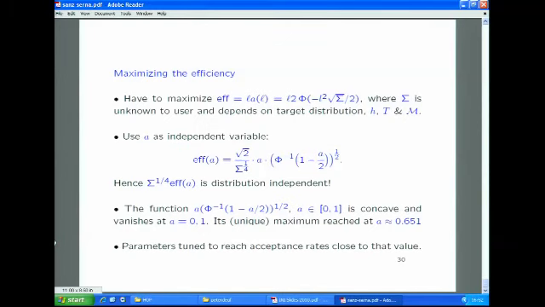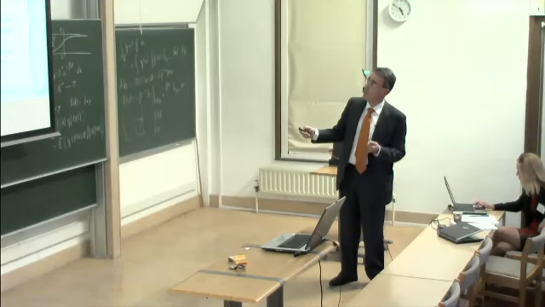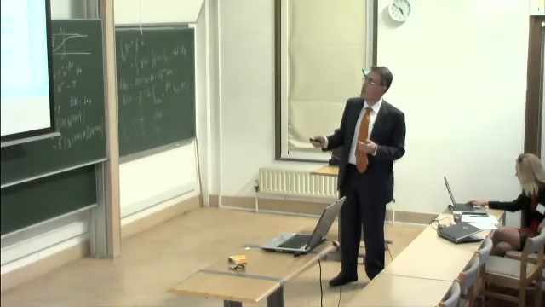This sigma depends on the specific target distribution I want to sample, and this L is the variable in our optimization procedure. Now, this is not tractable because this sigma is unknown to the user because it depends on the target distribution, on h, on t, and on the choice of mass matrix.